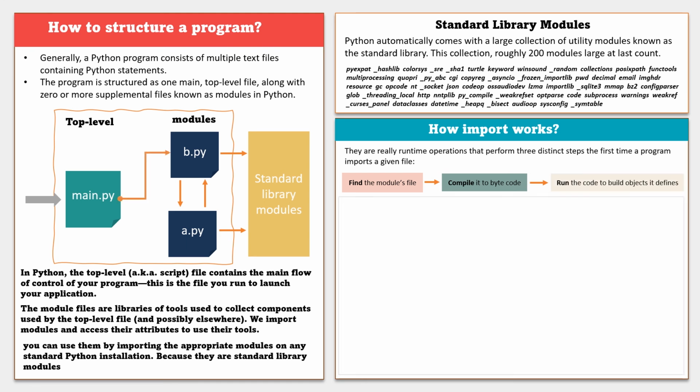Now, as you can see, import operations involve a bit of work. They search for files, possibly run a compiler, and run Python code. Because of this, any given module is imported only once per process by default.